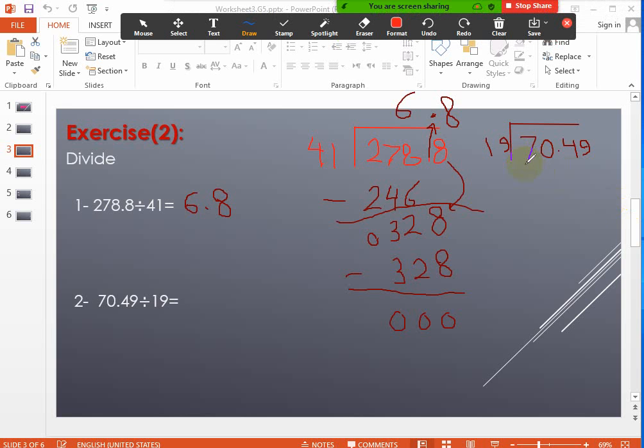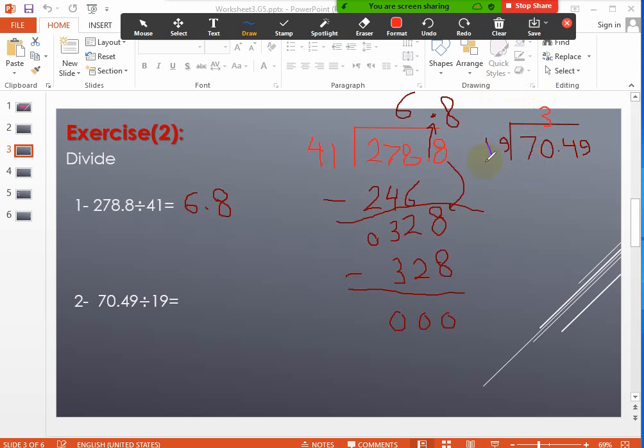Yes, now can I divide 7 by 19? No, I will take the 0. That means it will be 70. 70 divided by 19. How many 19 do you think in 70? Yes, very good. 3.